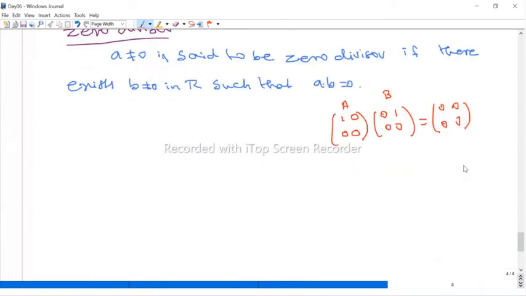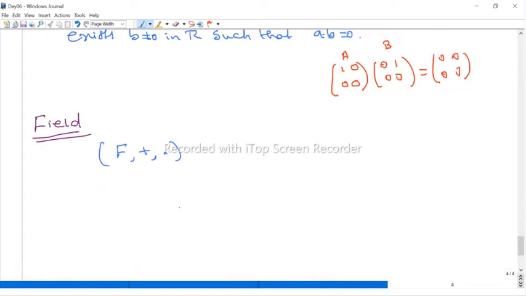Okay. Now, what is a field? When do we say a commutative ring is a field? So, the definition of field. A field is first of all a ring. We usually call it F, but we can use the same operations plus and dot.